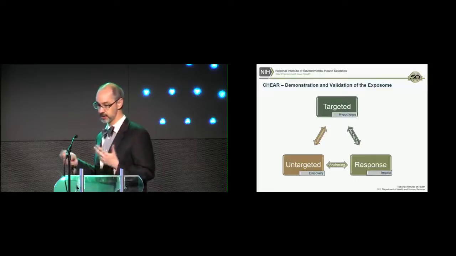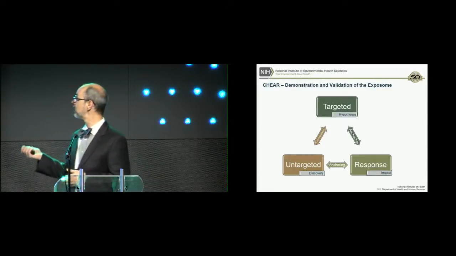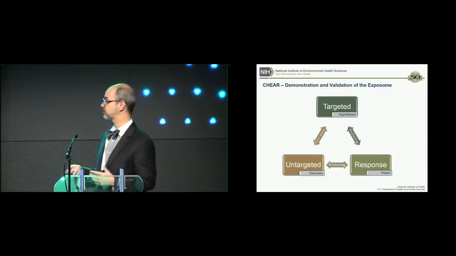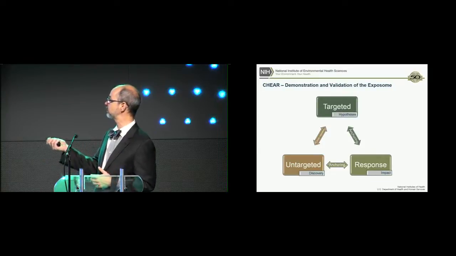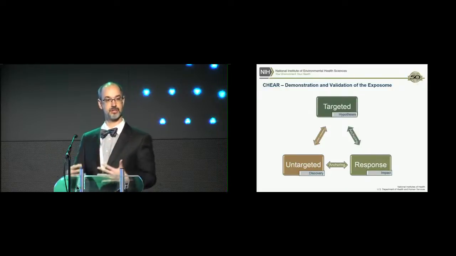So as I said, there's really 3 kinds of analysis that we're doing within CHEAR. And we've designed it so that they feed off of each other. So you have both the targeted and the untargeted analysis, and you can use that to cross-validate. So if you use the hypothesis-driven analysis of specific analytes, and you see those in the untargeted analysis, it builds the confidence in doing that.